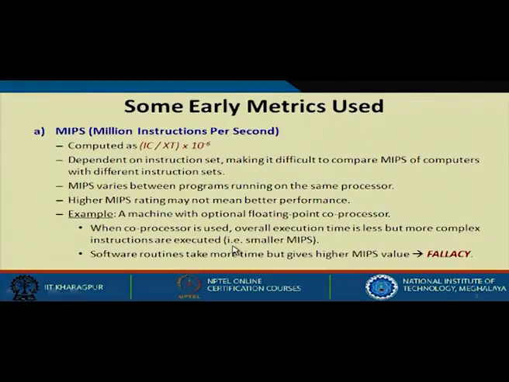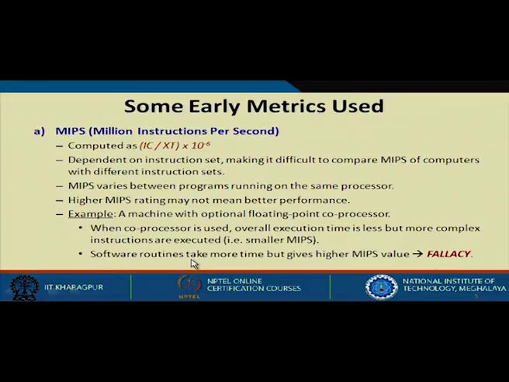But for doing so you may use some complex instructions, and if you use complex instructions, it will give you a smaller MIPS value. So, when you use a coprocessor, your overall execution time becomes less, but the MIPS will be much less.